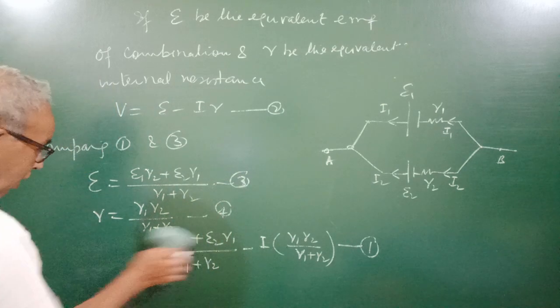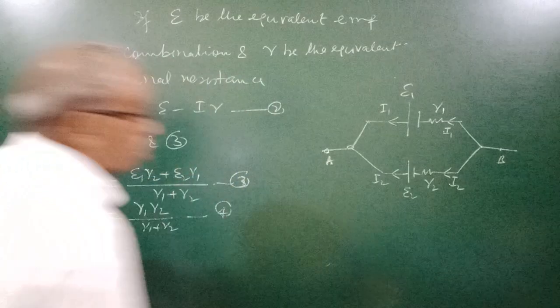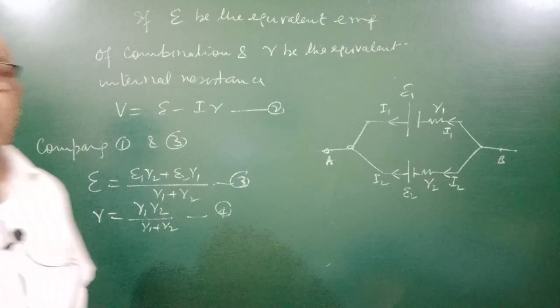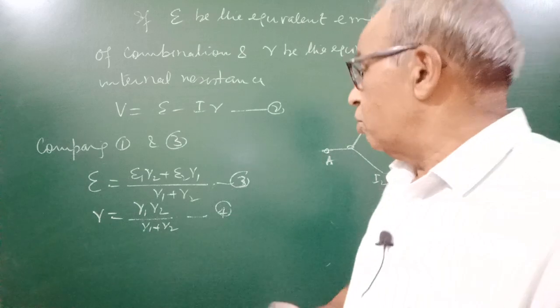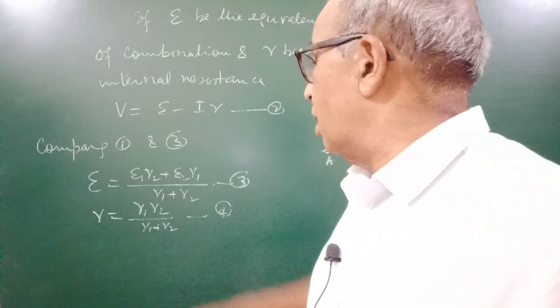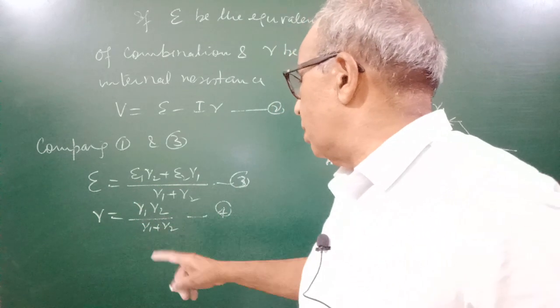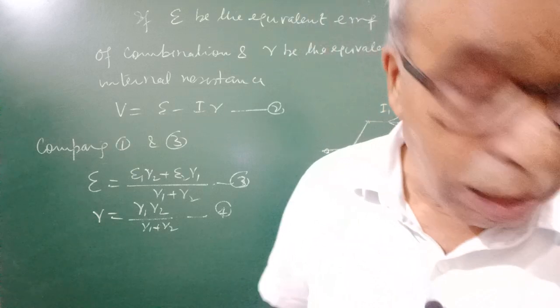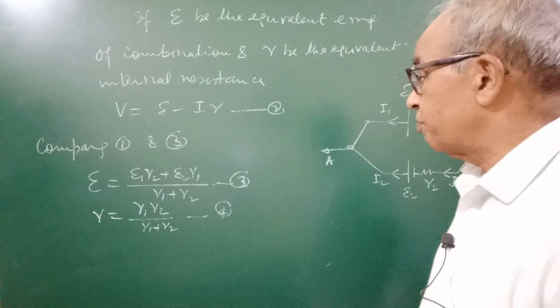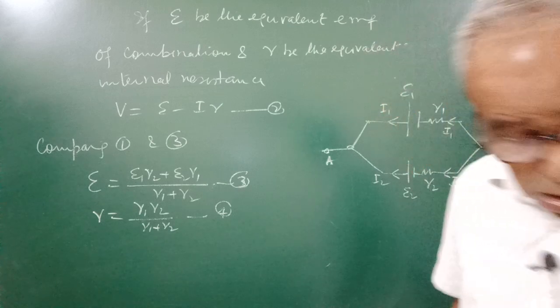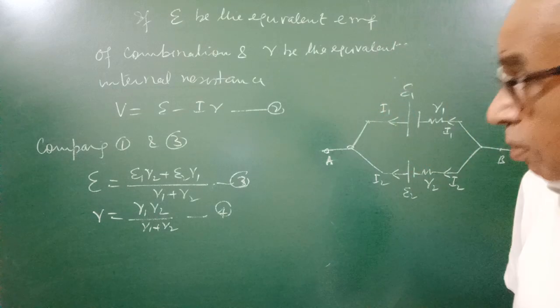So when two cells of E1, E2 and internal resistances R1, R2 are in parallel, then the equivalent EMF E equal to E1 R2 plus E2 R1 upon R1 plus R2, and their equivalent resistance is R1 R2 upon R1 plus R2.